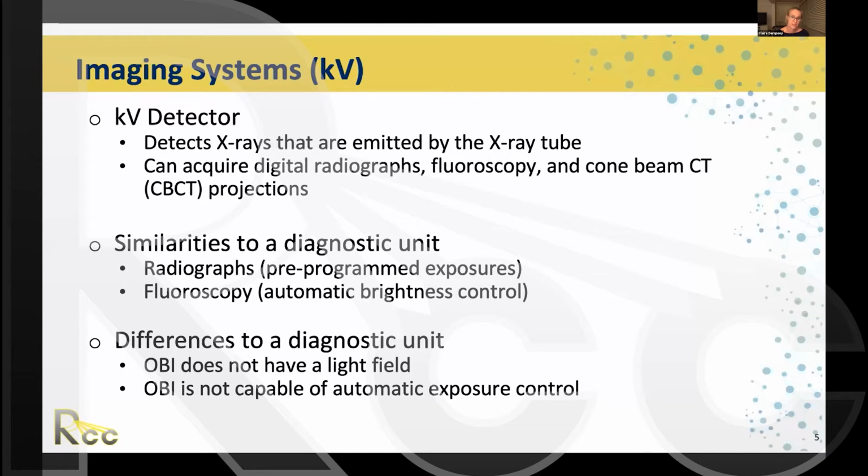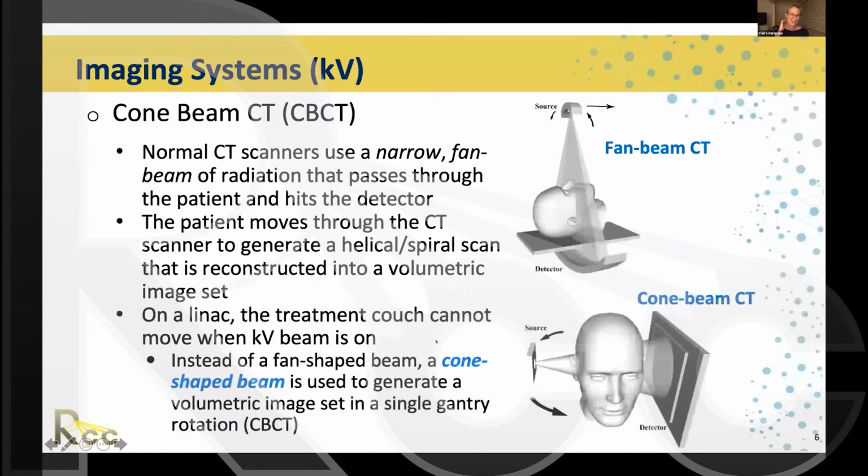Some of the differences to your standard diagnostic imaging unit is that the OBI, the KV imager, doesn't have a light field. So you can't see where the KV beam is going to go on your patient, and the OBI isn't capable of automatic exposure control. And Jill, please correct me if I'm wrong in your following presentation.